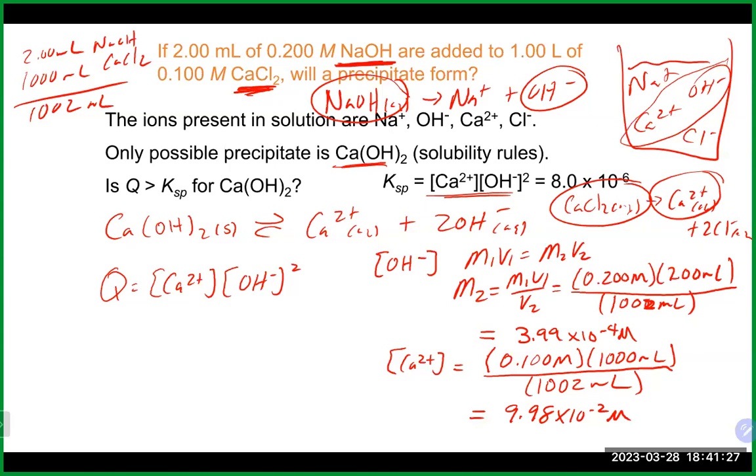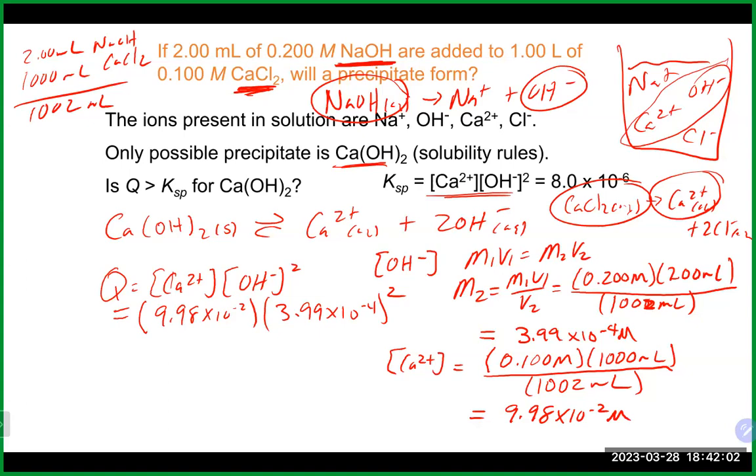All right, so now that we have the concentration of each of those ions in the solution, we're ready to put it into our Q expression. So we're going to take 9.98 times 10 to the minus 2. We're going to take our hydroxide, which is 3.99 times 10 to the minus 4, and not forget to square it there. So we'll square it, giving us 3.99 times 10 to the minus 4 squared times 9.98 times 10 to the minus 2, right?